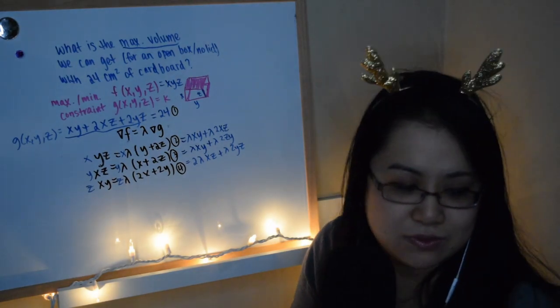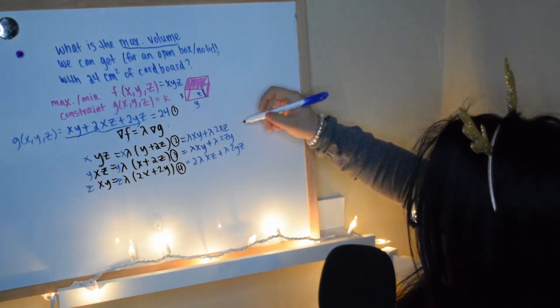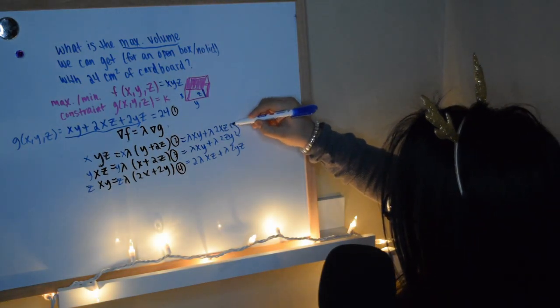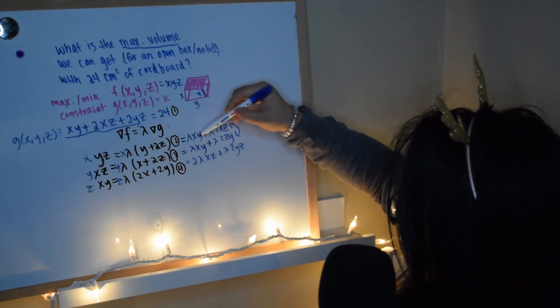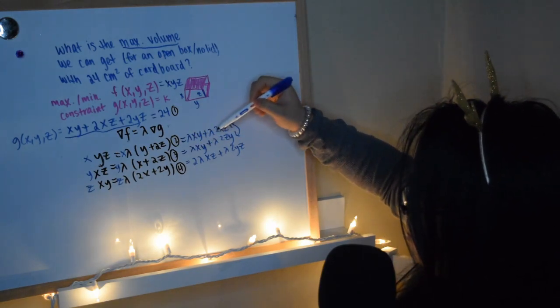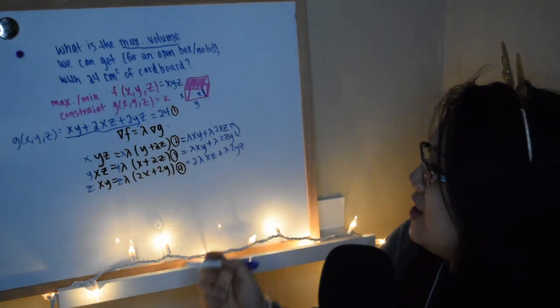Okay, so hopefully these come together, but if I set these two together for sure, I just get that lambda xy and lambda xy is here, so that lambda 2xz equals lambda 2zy.